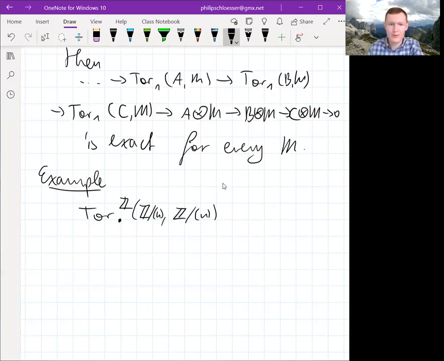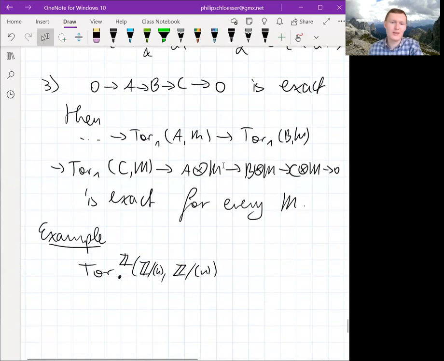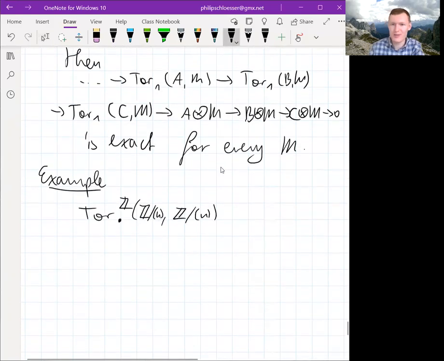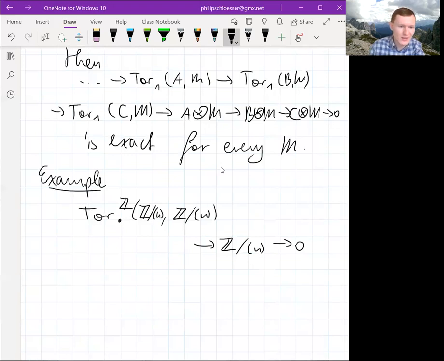So the great thing is we're working with modules, so we not only have projective resolutions, but we can just take a free resolution. In this case, we take a free resolution of Z modulo n. Well, this thing has one generator, namely 1.